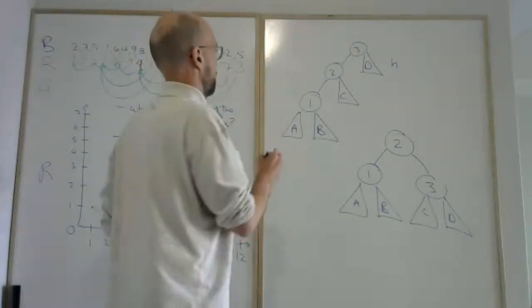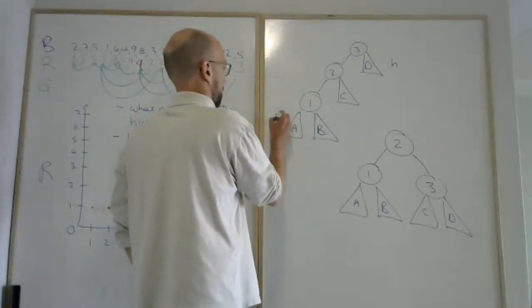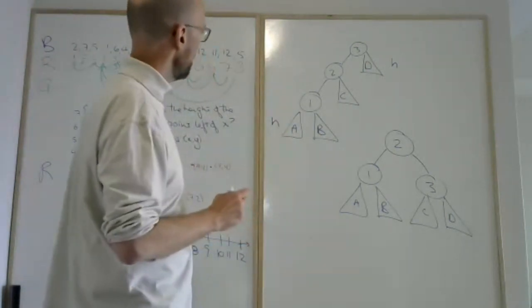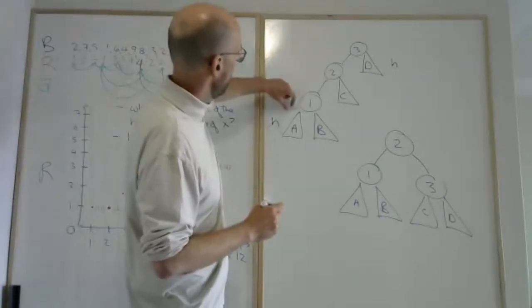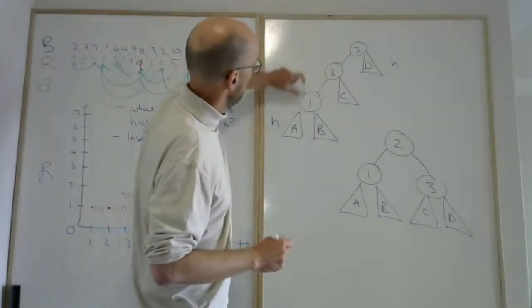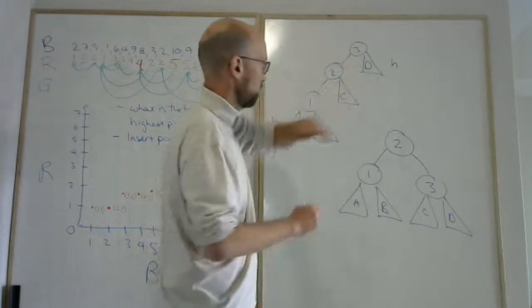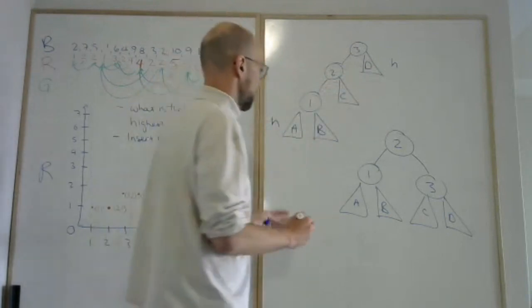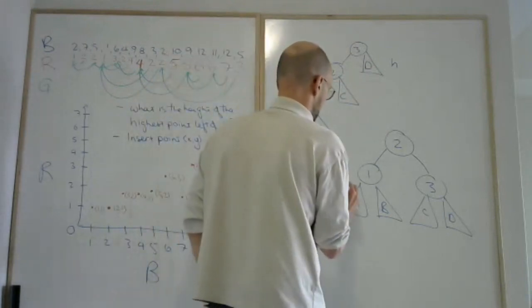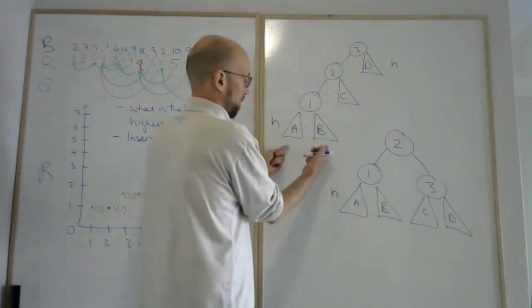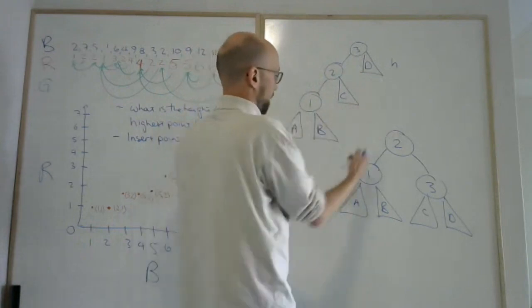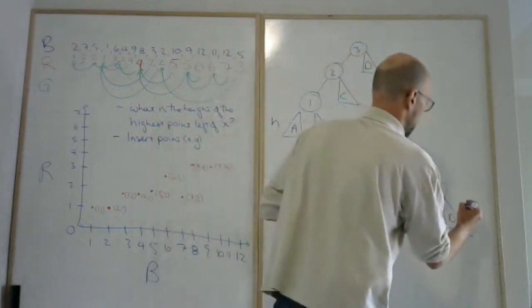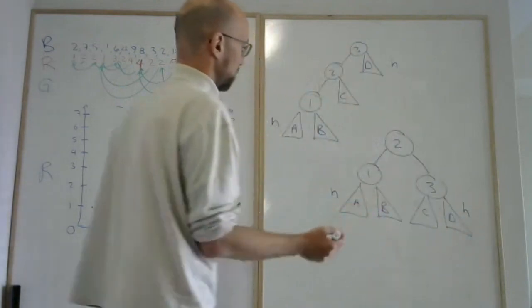So you've got h plus 1, h plus 2, and h. So these are the rules. But now this is height h, so these aren't breaking the rules. And now you say, oh, well, this has height h. Oh, look, it obeys the rules. Everything is good.